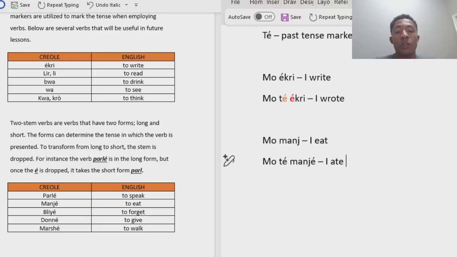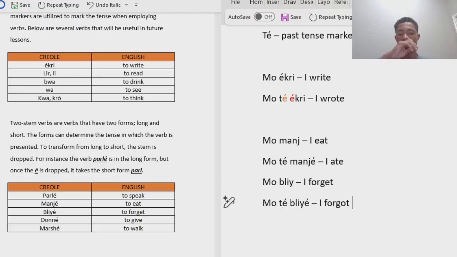Now the thing when you're using te is usually you'll prefer the long form of the verb. However, some dialects and some people prefer the short form. And I'm gonna get into that in a little bit. So mo te manger, or even so m'oublie and mo te oublier.